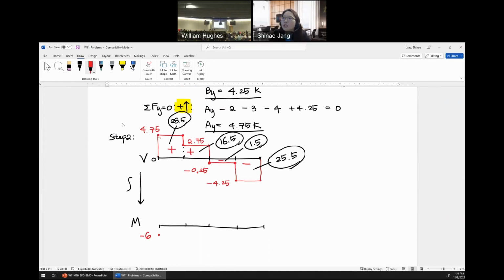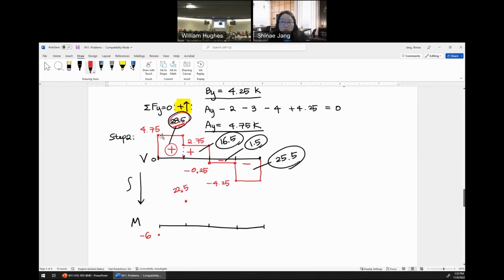And now the change of bending moment between A and this point is 28.5, with slope increasing. So from -6, it's increased by 28.5. So it's 22.5, right? Increased by 28.5. And another thing, the slope is constant here.